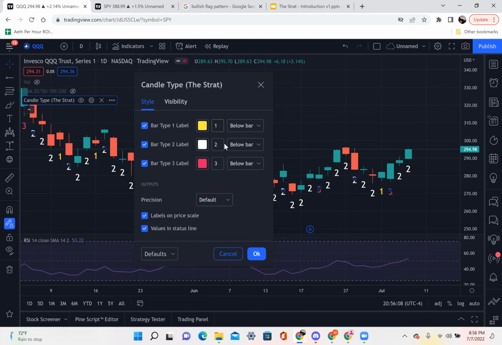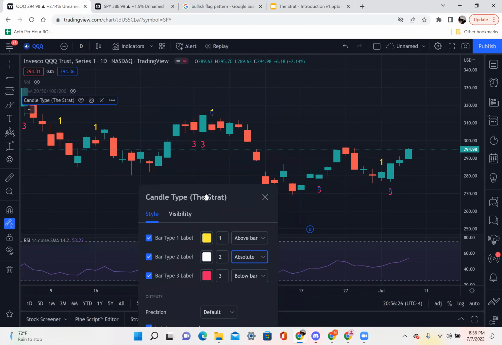Also, this one won't allow you to choose whether you want them 2 up or 2 down. They're just gonna ask you if you want them below or above. Or it can also be absolute.